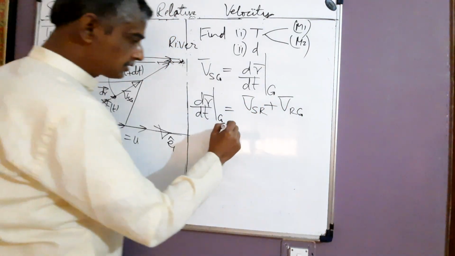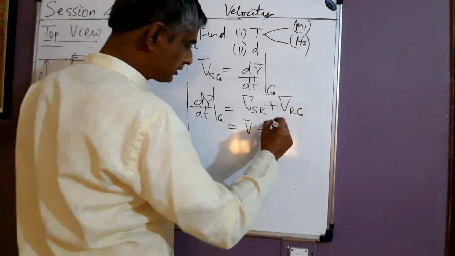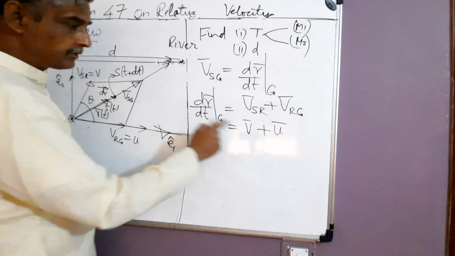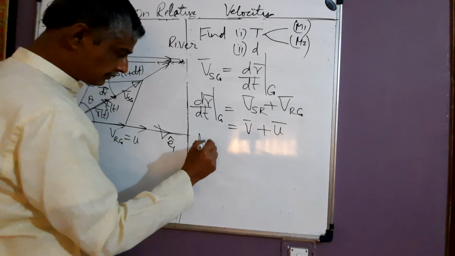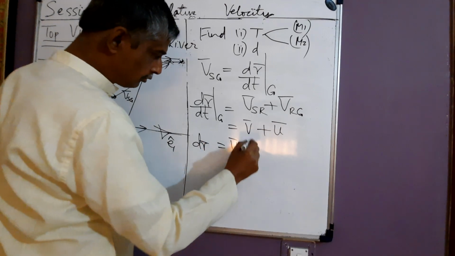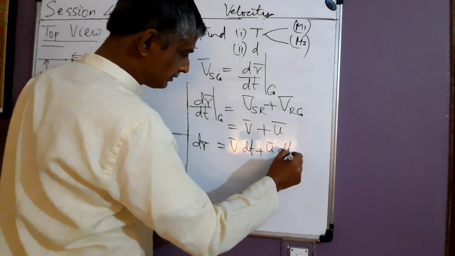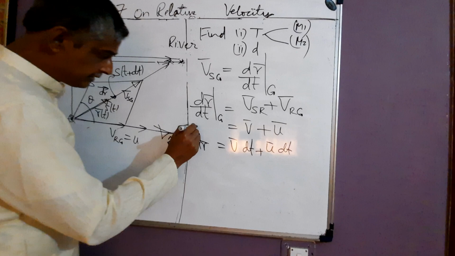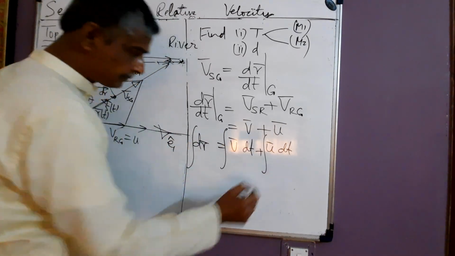Alright. This is nothing but vector V plus vector U. Then I shift dt to the right side, is equal to V dt plus U dt. Alright. Then I integrate this equation on both sides.